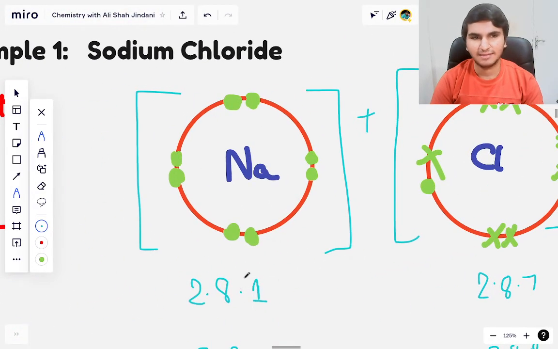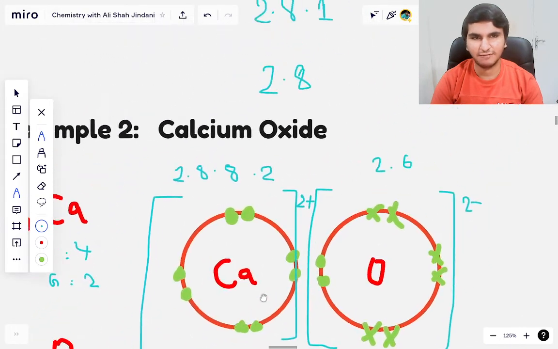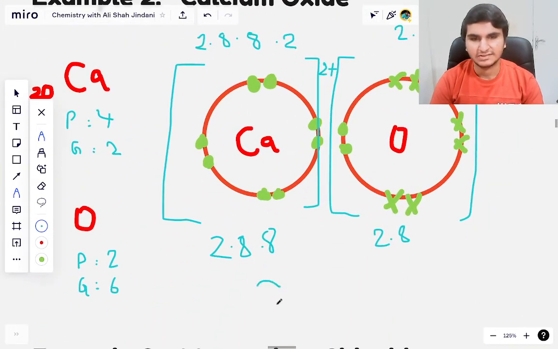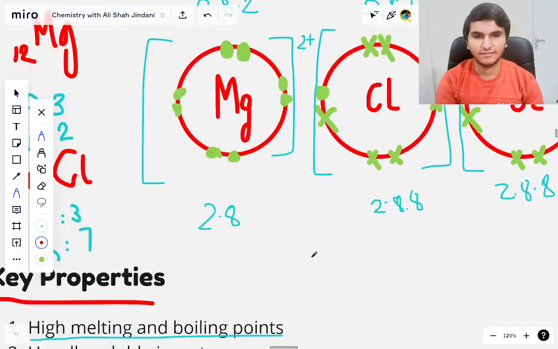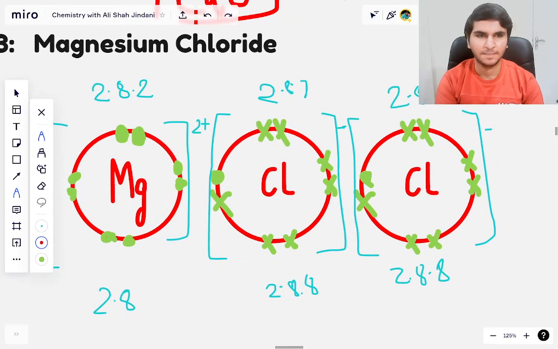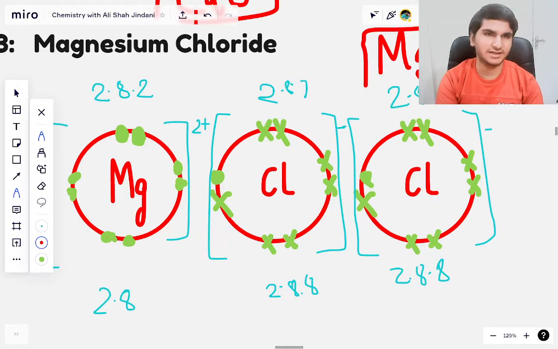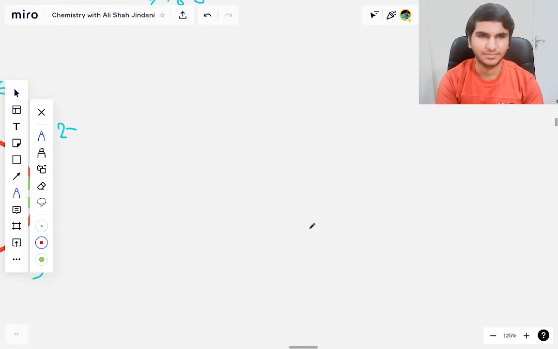In this example, NaCl; in this example, we have CaO; and in this example, we have MgCl2. Why 2? Because we are taking 2 chloride ions.